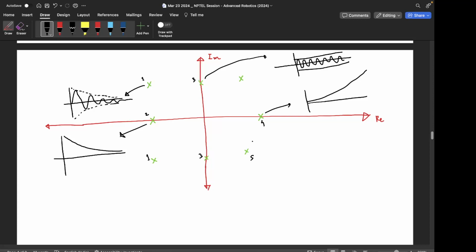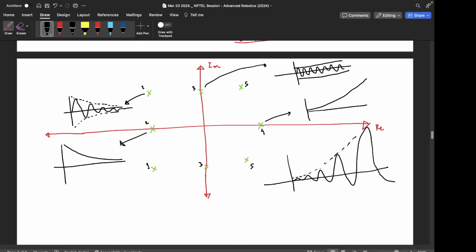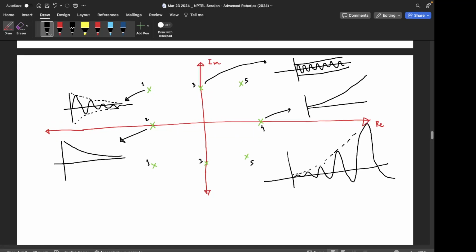And this fifth scenario, they also have a positive real part but also an imaginary term, so there will be oscillations, and the oscillations amplitude will grow with time, so it will be like this, right? Any doubts in this diagram? Okay.